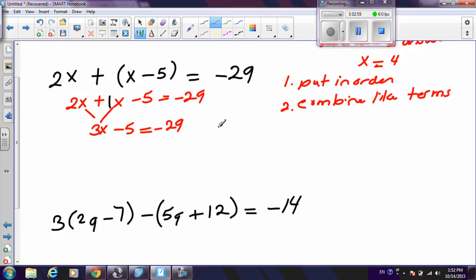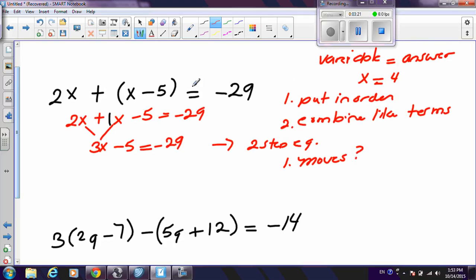Alright, so now this looks like our usual two-step equation. So we're going to use our two-step equation process. Our first question for this two-step equation was, remember, we asked the question, well, who moves? Which number needs to get out of the way?